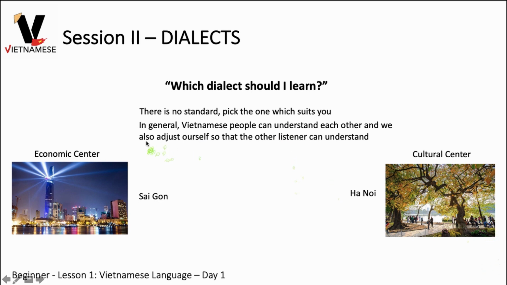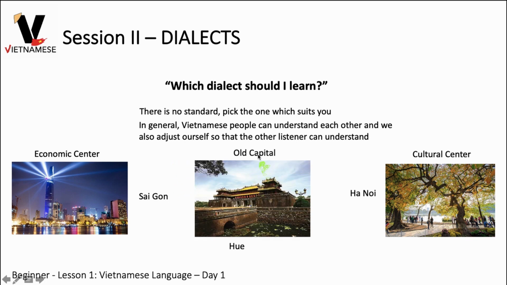And one more thing is, in general, Vietnamese people can understand each other, and we also adjust ourselves so that the other listener can understand. This is a fact that I see around me. For example, one of my friends is from Hue City. Hue is the old capital of Vietnam, which is famous for its unique accent. And Hue's accent is very hard for people in other areas to learn.